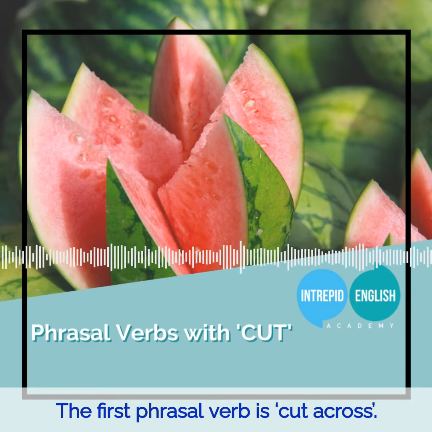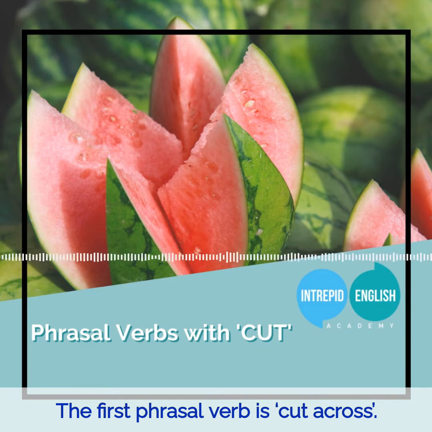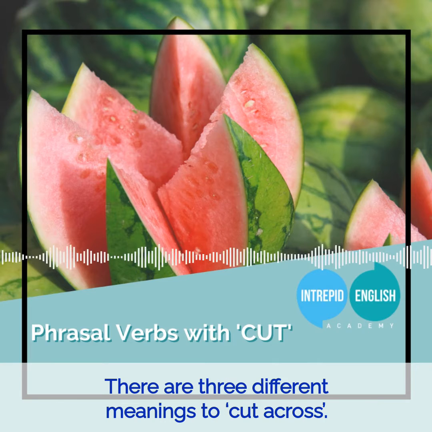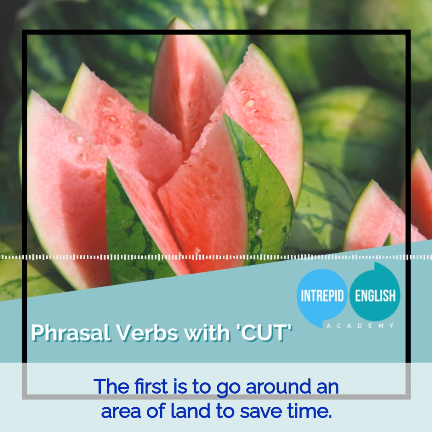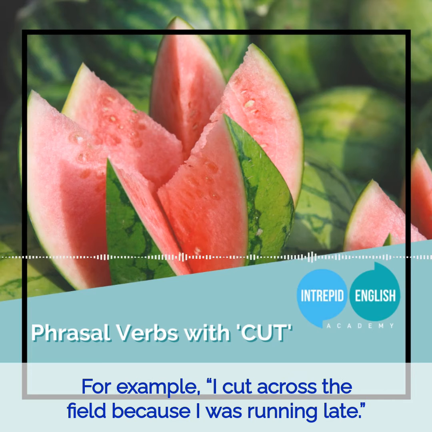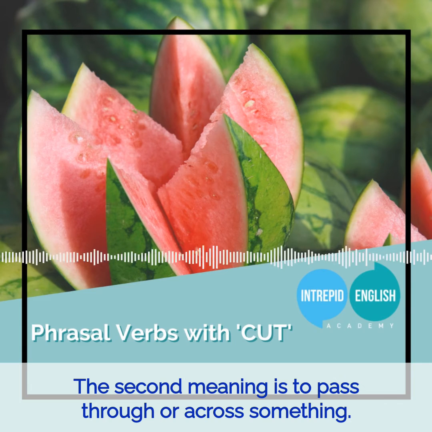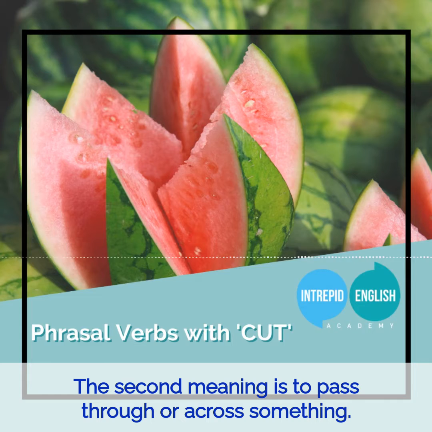The first phrasal verb is cut across. There are 3 different meanings to cut across. The first is to go around an area of land to save time. For example, I cut across the field because I was running late. The second meaning is to pass through or across something.